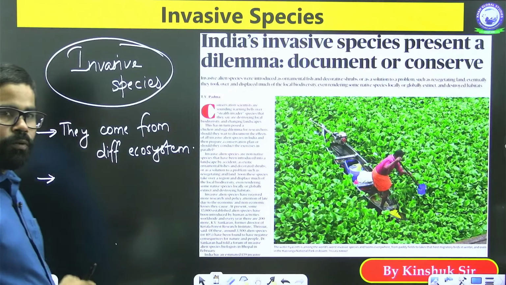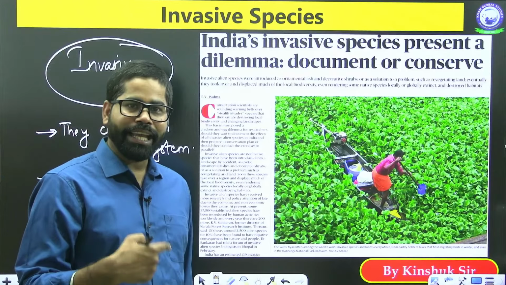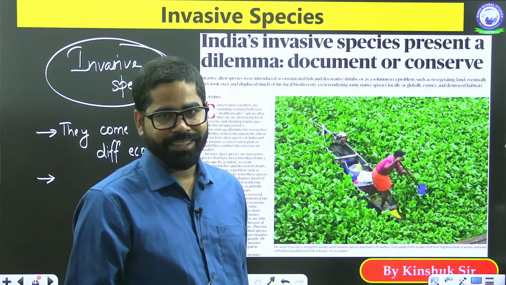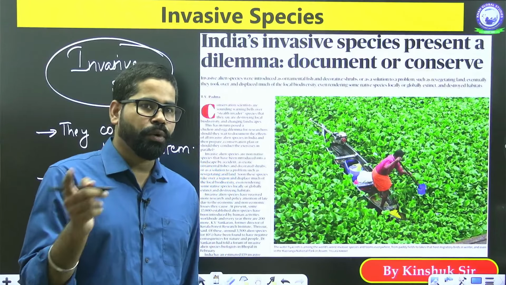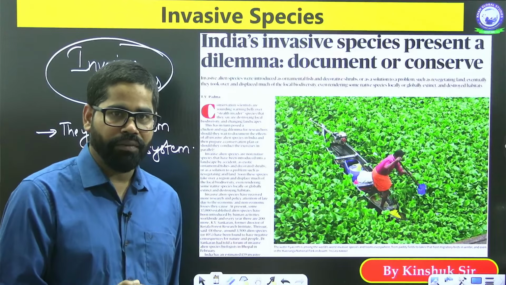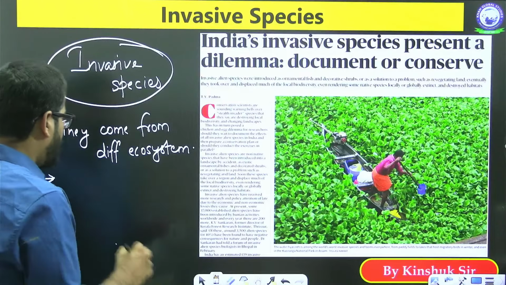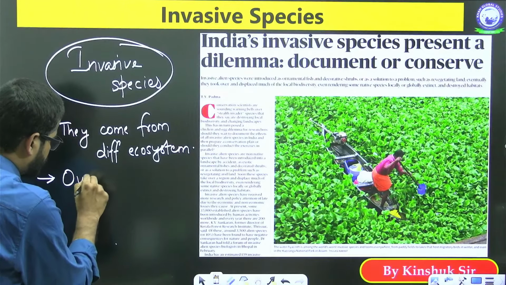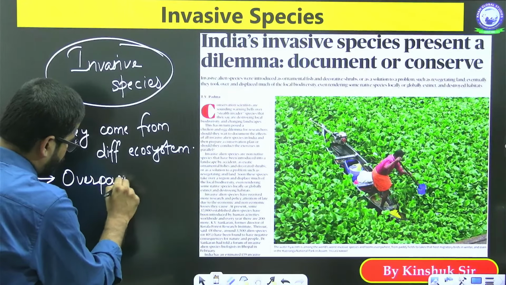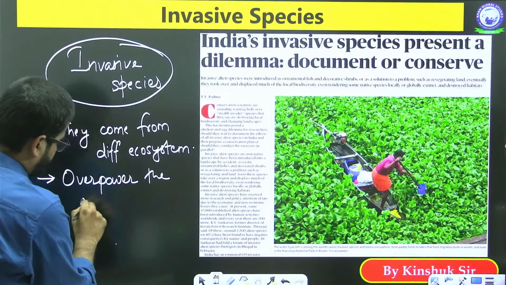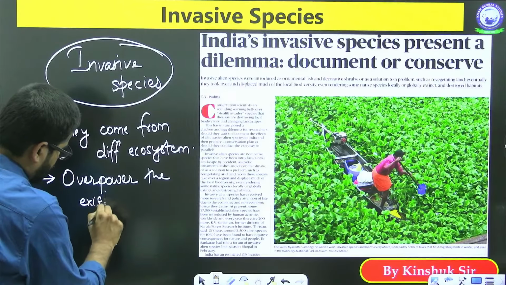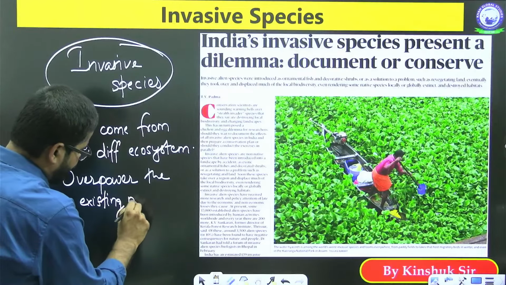Second thing, we also see that they have the capacity to outrun or overpower the existing native species.